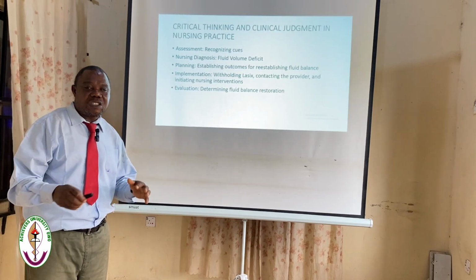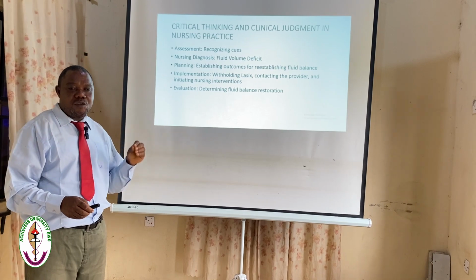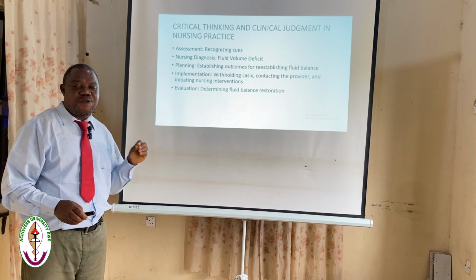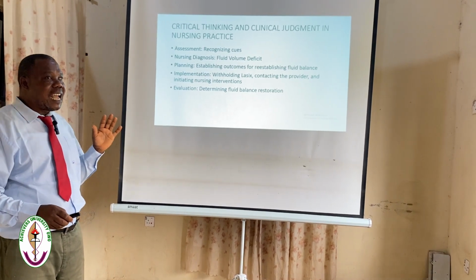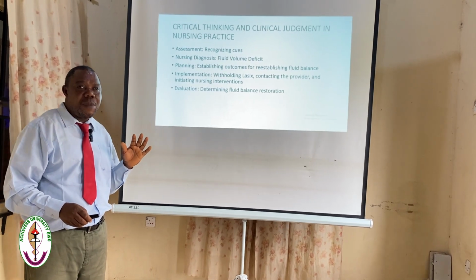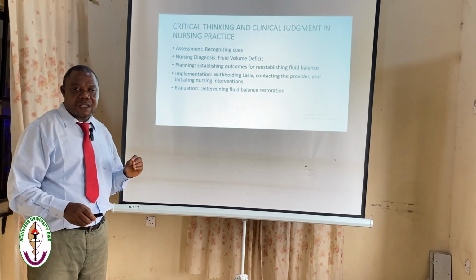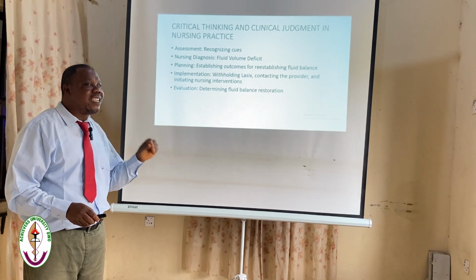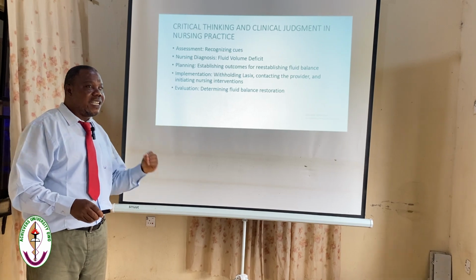When he put these cues together, he now named the cues. He may now make a nursing diagnosis of fluid volume deficit. Now that is the diagnosis he made. And then he made a plan immediately. The plan is that because this patient is taking IV Lasix, this patient is not taking enough and is losing fluid.